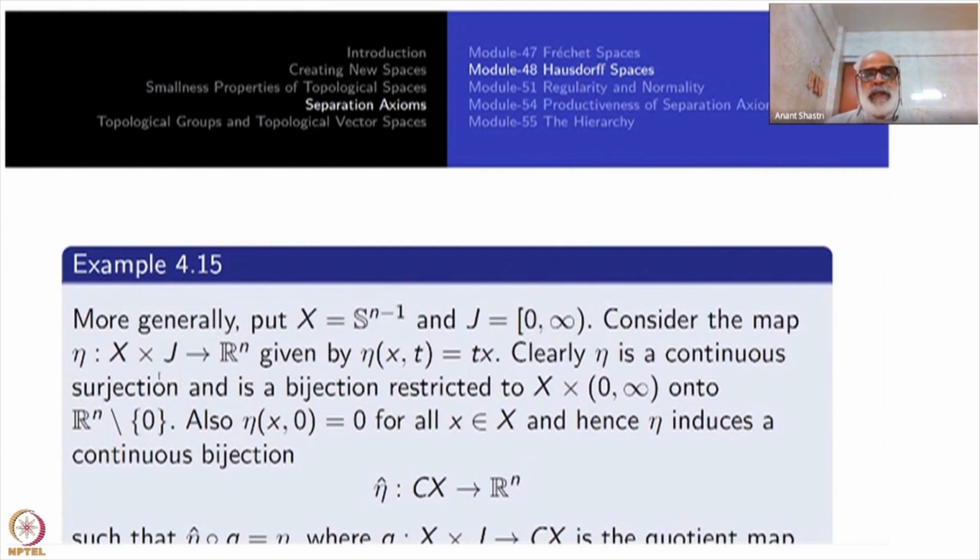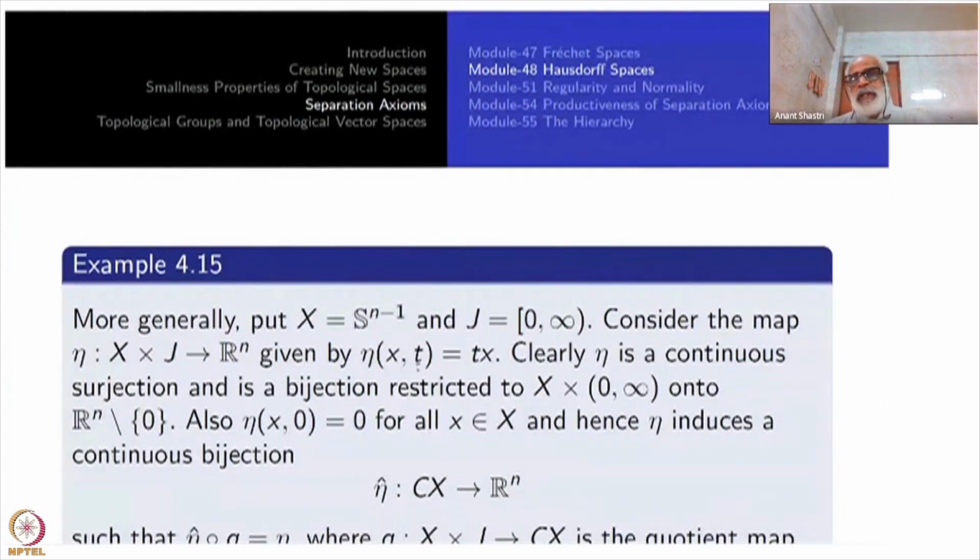Consider the map eta from X cross J to R^n given by eta of (x,t) goes to t times x. So this is a unit vector. I am multiplying by a scalar. The scalar varies from 0 to infinity. Clearly, this multiplication map is a continuous surjection. Every point inside R^n, okay, take a vector, divide by its norm, that will be a unit vector. That will be inside S^(n-1).